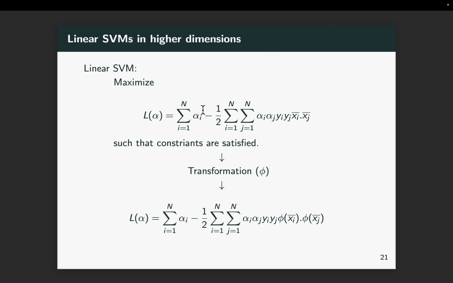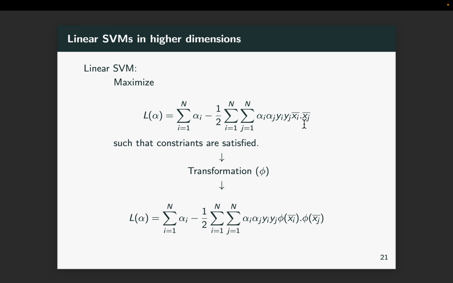So we said that for the linear SVM, the objective is to maximize L of alpha, which is summation i equal to 1 to n, where n is the number of data points, minus half the double for loop, alpha i, alpha j, yi, yj, xi dot xj.